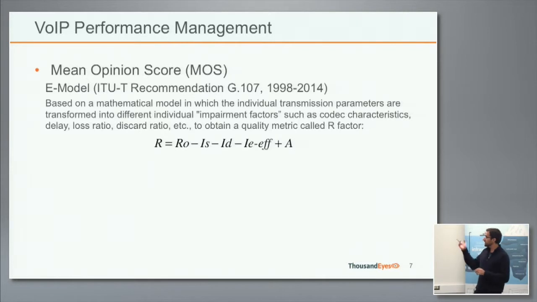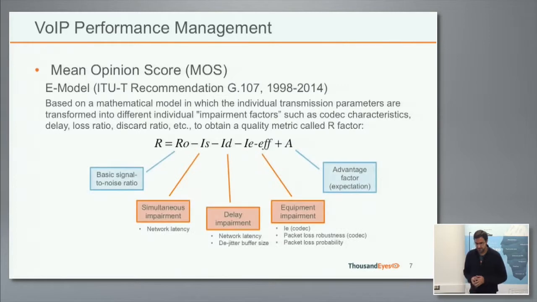So we use the E-model from ITU recommendation, the G.107 document, and it basically models all the different impairment factors that exist in a voice call. Some of these were derived mathematically from the actual nature of doing voice calls over the internet.